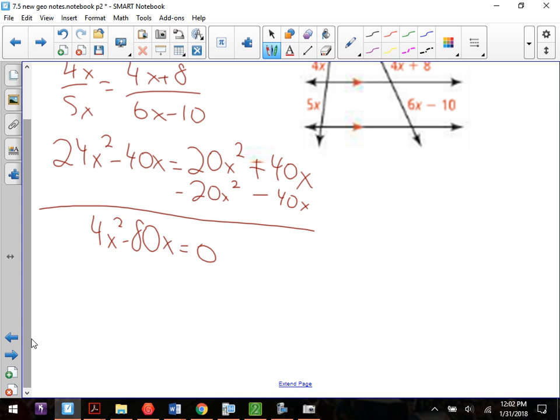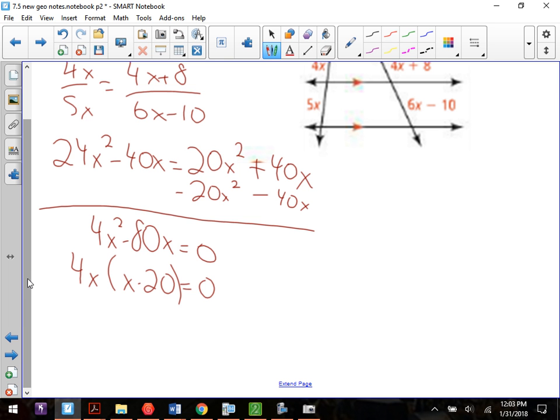And once again, you're back to GCF. What do they have? That's a 4. What do they have now? 4 and how about an x? You're right, 2 goes into both of them, but what's great is you have 4, but they also have an x. They got 4x times x minus 20.